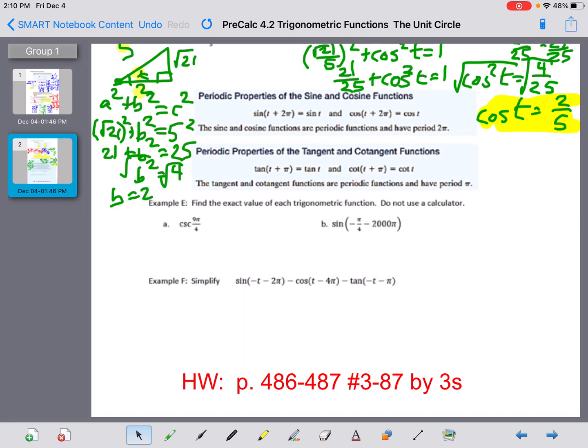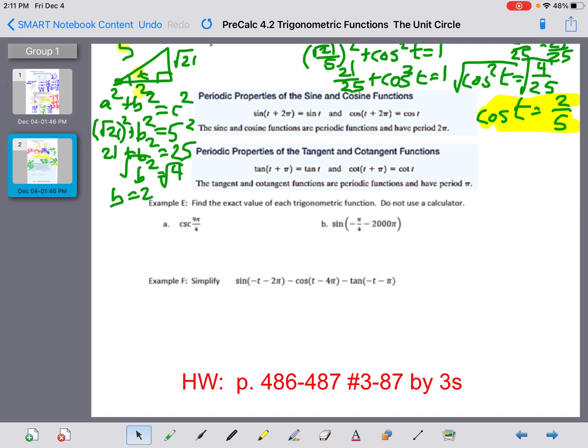We can keep going, rolling right around that circle over and over and over. The great thing about the unit circle is it's limited to that circle of values as far as your ordered pairs, your sine, cosines, and tangents. So if something is larger than 360, or larger than 2 pi, you can subtract 2 pi or something, okay?